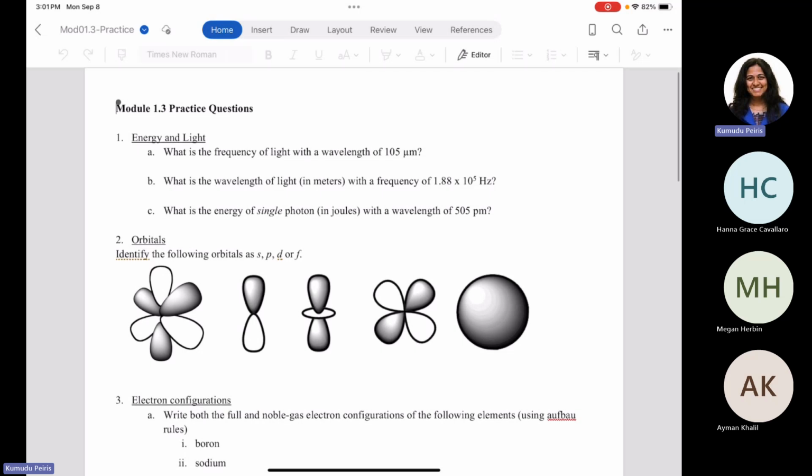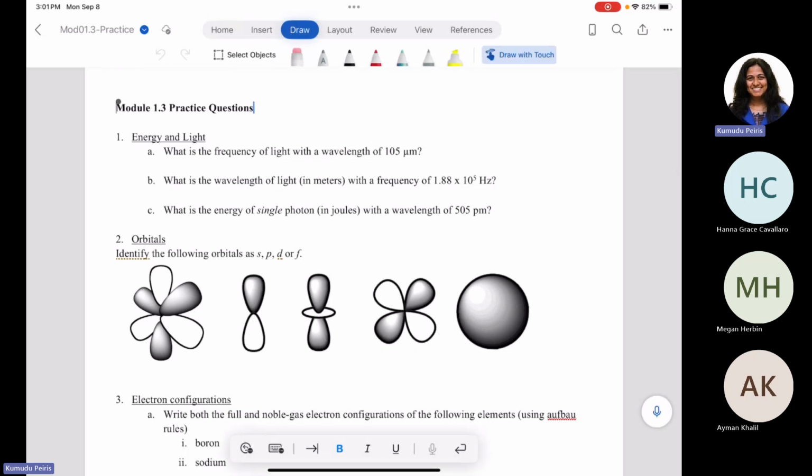Here it says the light. So the equation that we must use is c equals lambda nu. c is the speed of the light, lambda is the wavelength of the light, and nu is the frequency of the light.